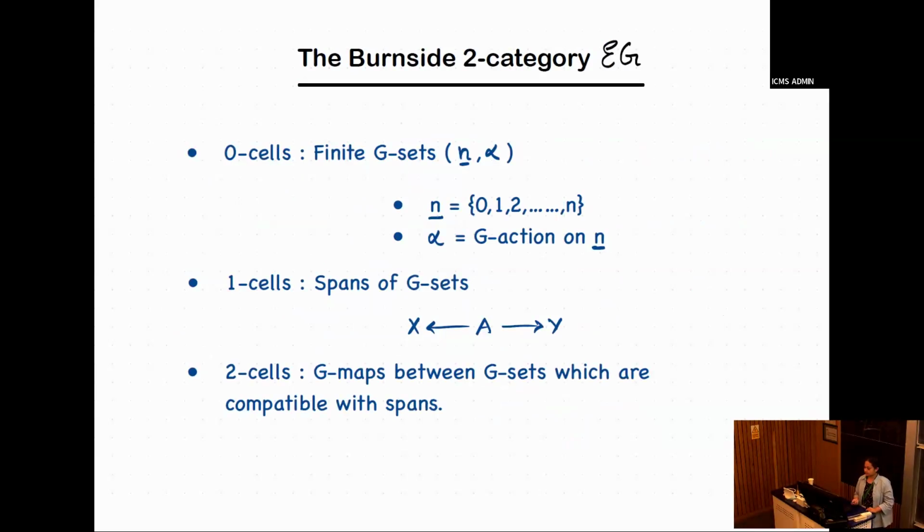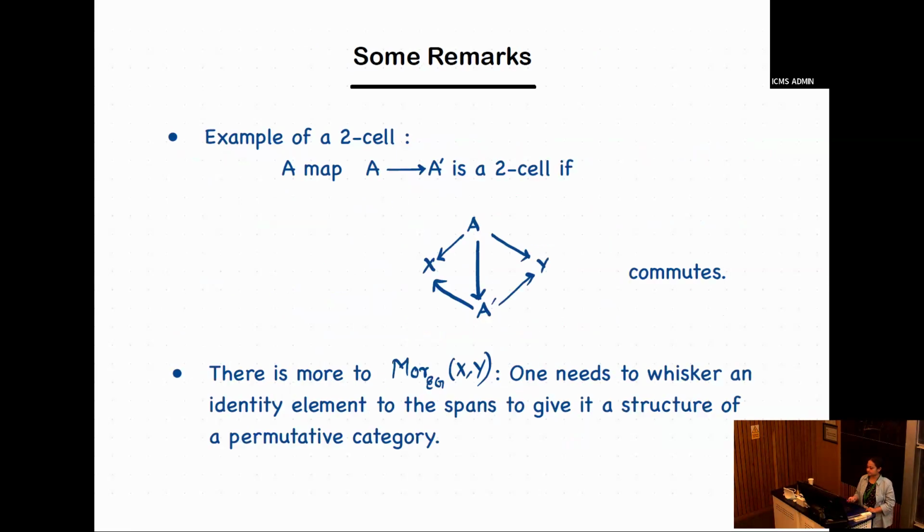So we introduce some identity-like element, which will be the identity for the group structure in the morphism set. So there is more to the morphism set. One needs to whisker an identity element to the spans to give it the structure of a permutative category.